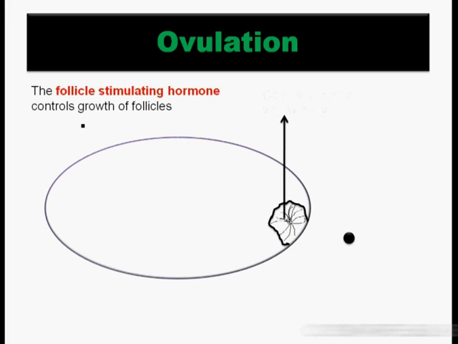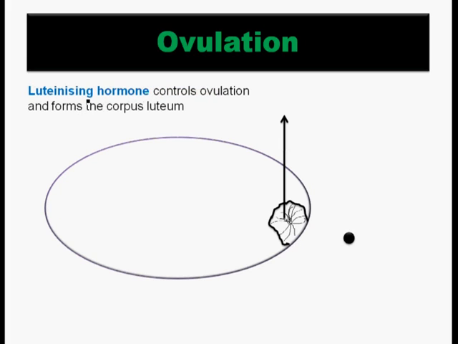All right. Now take note of this. The follicle stimulating hormone controls the growth of what? Follicles. So when you saw the size of the follicle changing, what controls that growth, or the increase in size of the follicle, is a hormone called the follicle stimulating hormone. Now the luteinizing hormone controls ovulation and it forms the corpus luteum.